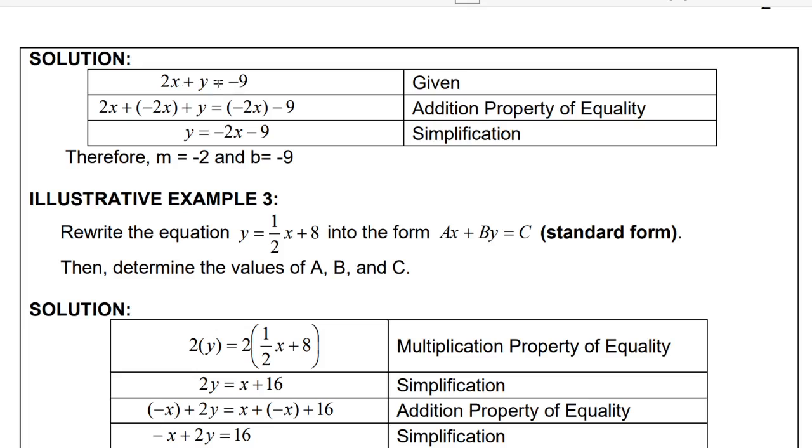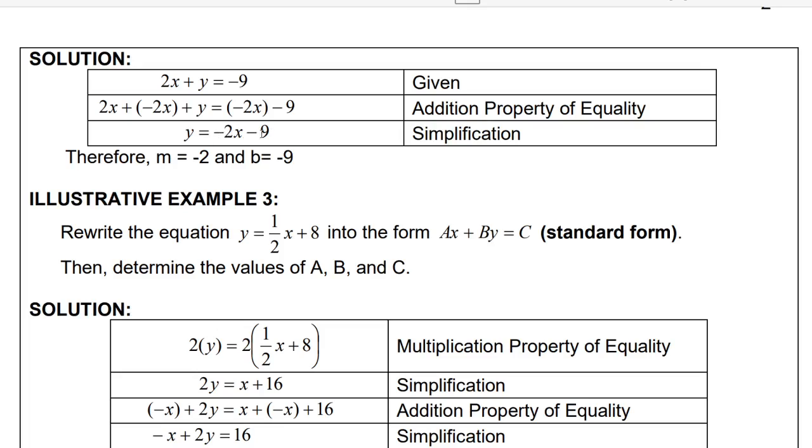So for us to eliminate 2x, we are going to use again the addition property of equality on both sides. That is adding the opposite of positive 2x, which is negative 2x. So adding negative 2x to both sides, this one becomes already 0. So what is left now is just y equals negative 2x minus 9.